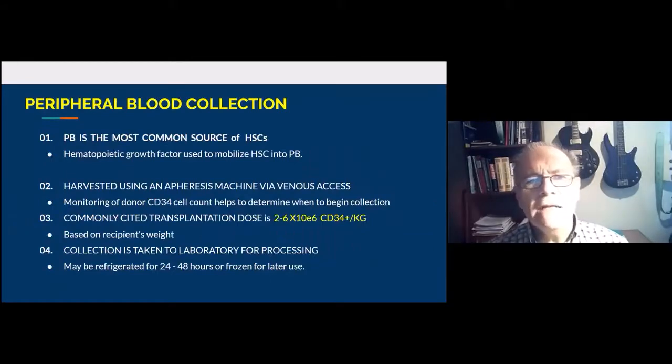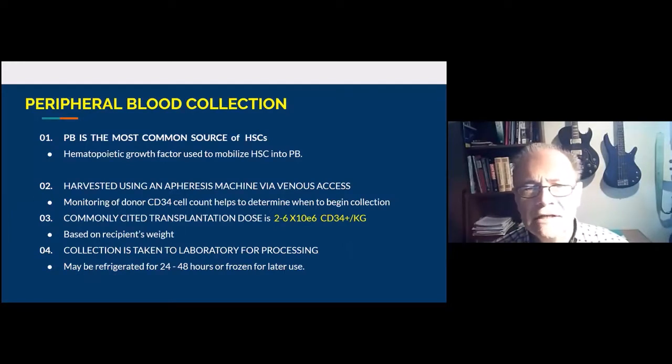Peripheral blood stem cells are the common source nowadays sought for hematopoietic stem cell transplant. Hematopoietic growth factor is used to mobilize hematopoietic stem cells into peripheral blood. The harvest uses an apheresis machine via venous access.